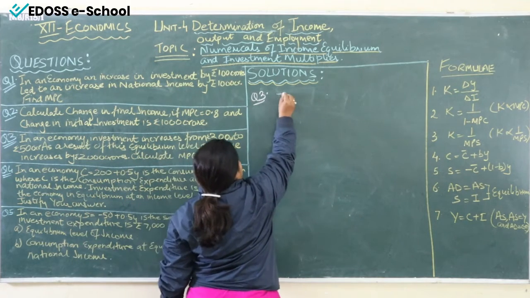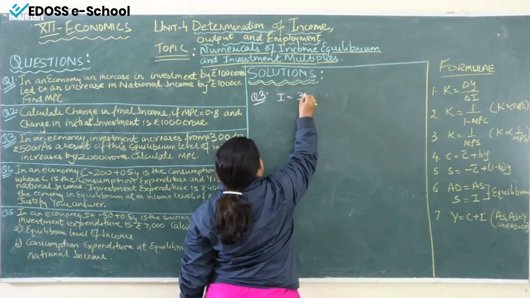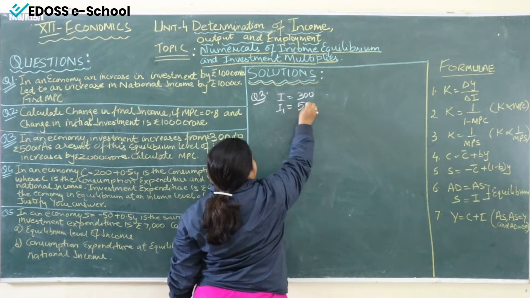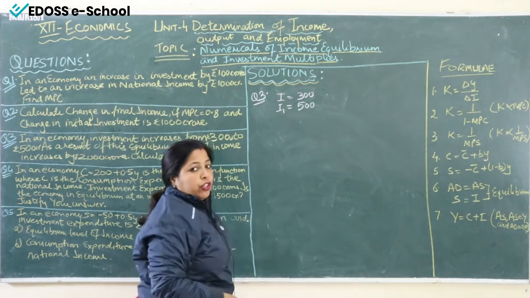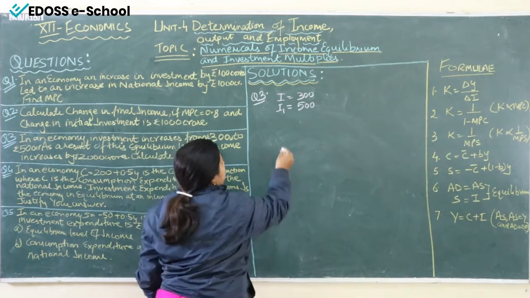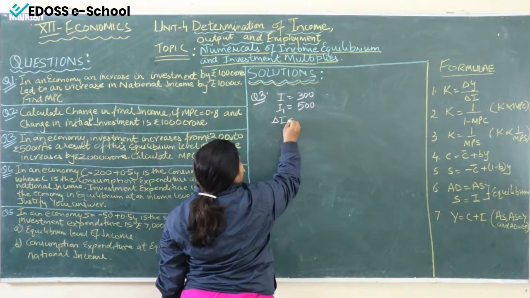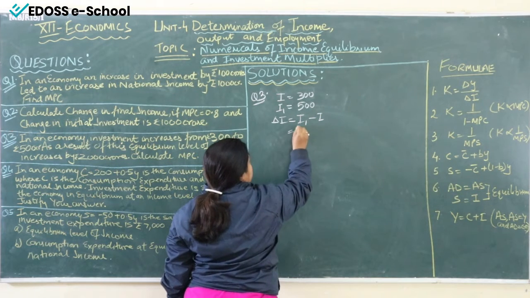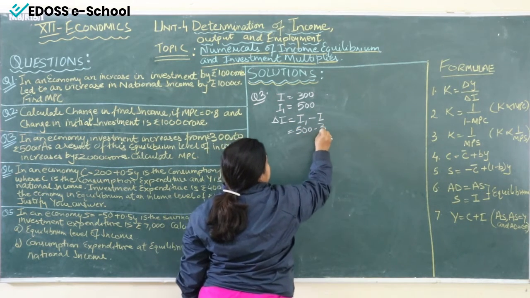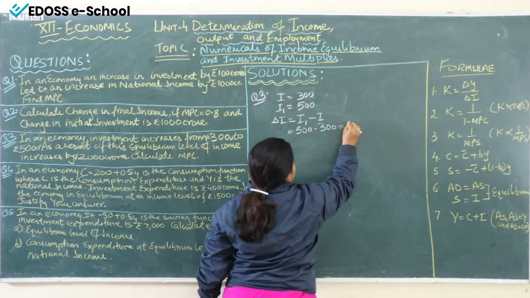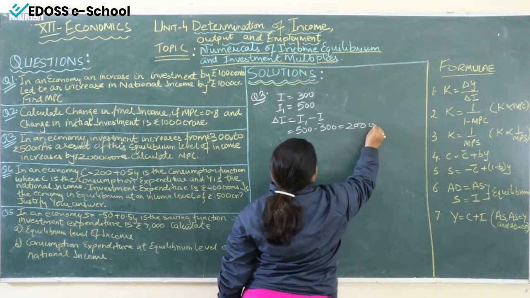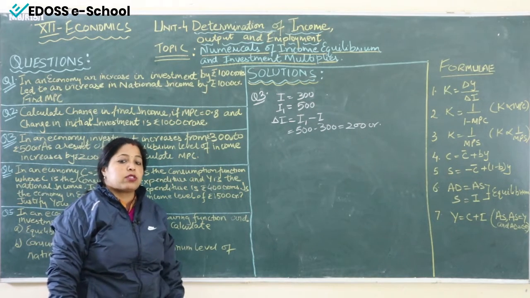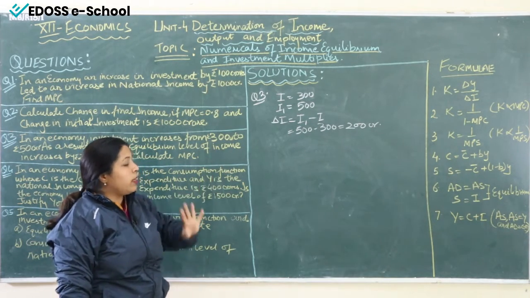Means I was 300 and I1, that is the new investment, is 500. So how do we find change? As we have already done in the last class, change is new minus old. So I1 minus I, that is 500 minus 300, is equal to 200 crores. Rupees 200 crores is delta I, that is change in I. We have got it like this.